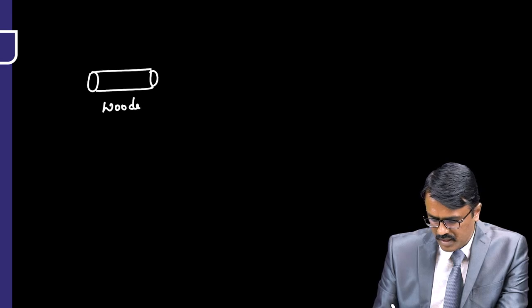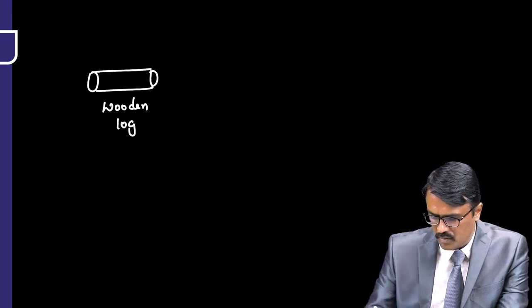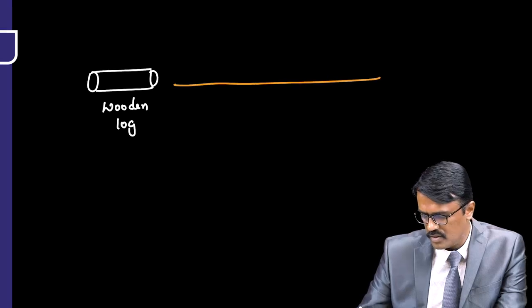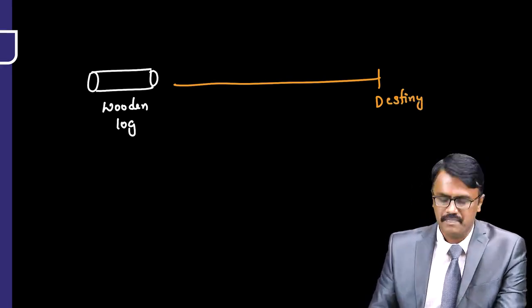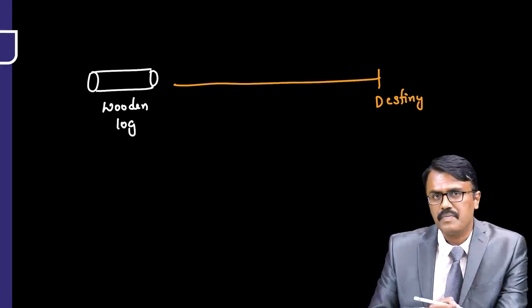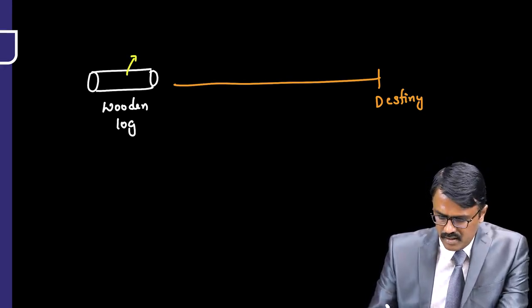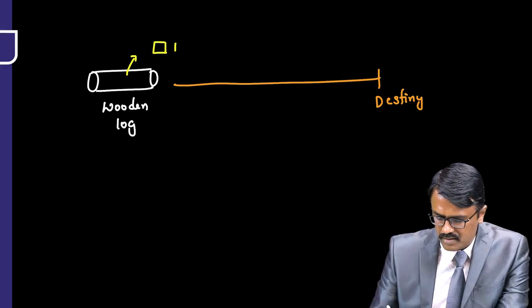Now I will give an example here. There is a wooden log, and it has to be moved a certain distance. This is the place you have to reach, and the log is very heavy. A person comes with the idea to cut it into a shape like this.